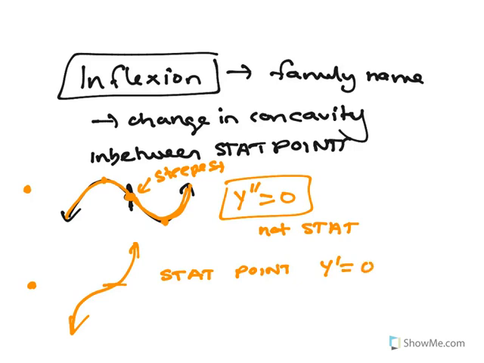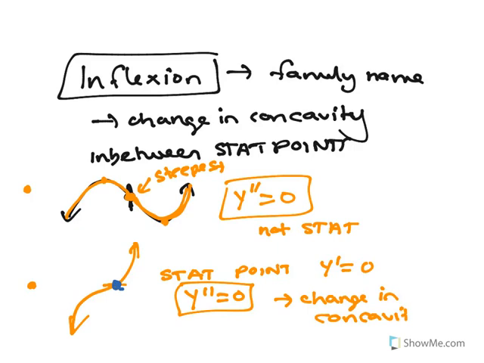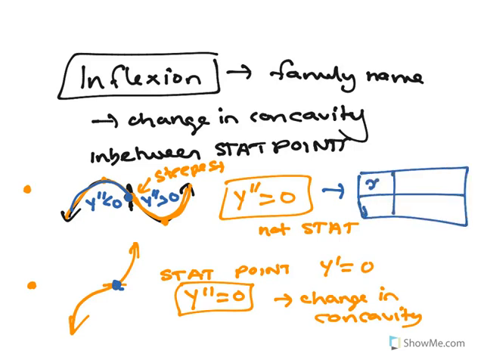So y dash equals 0, but it also at that point is where y double dash equals 0, and there is a change in concavity. Okay, so at that point there, y double dash will be less than 0 and y double dash is greater than 0. So whenever you're doing these points, you also have to check that y double dash changes sign.